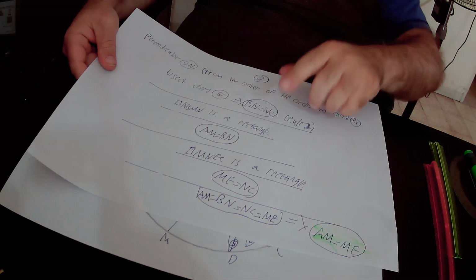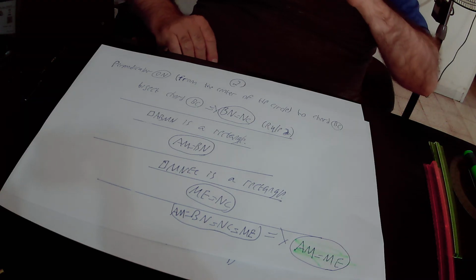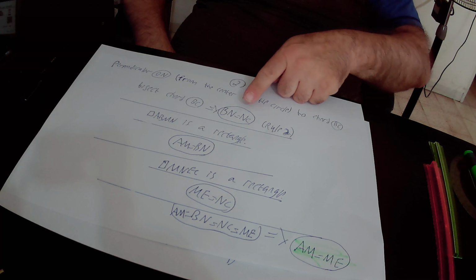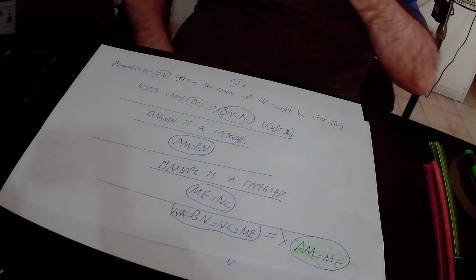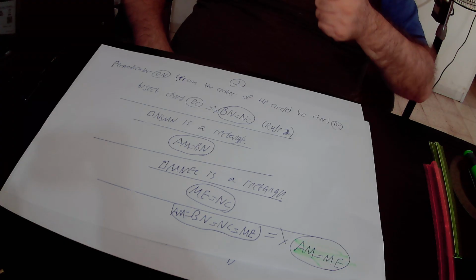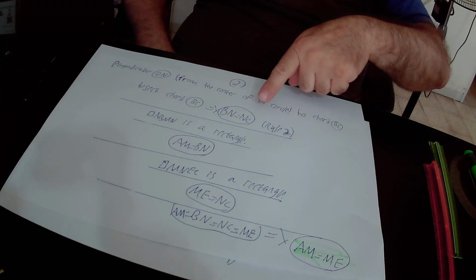So, we can summarize what we did until now. According to rule number 2, we have already found out that BN equals NC. But according to the rule that the opposite sides of the rectangle are equal to each other, we also found out that BN is also equal to AM.